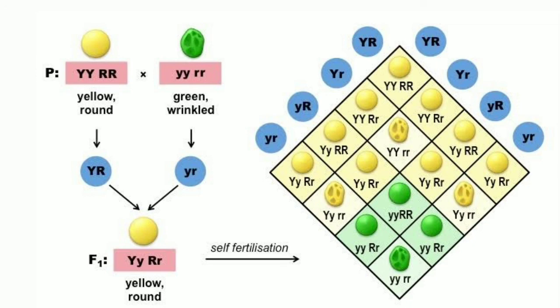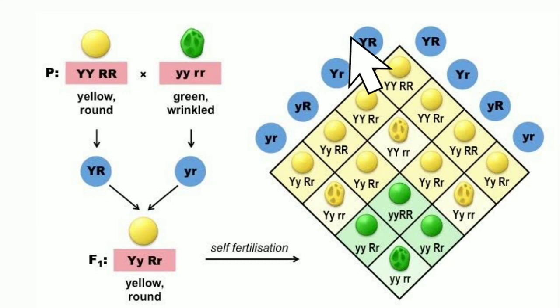Now if a capital Y, capital R gamete fuses with a capital Y, capital R female gamete, one has to be the male gamete and the other the female gamete, that yields the individual capital Y capital Y, capital R capital R. Similarly, capital Y small y, capital R capital R, and so on for the others.